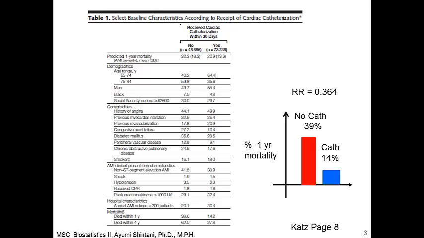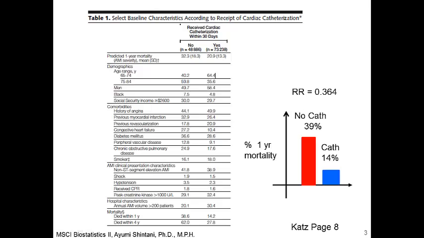No. We need to look at whether we are comparing apples to apples. So let's see what we are comparing, what patients we are comparing. This is the baseline characteristic table, showing data on the prognostic factors. These are the factors which are thought to relate to mortality, and we want to make sure these factors are balanced between the two groups.